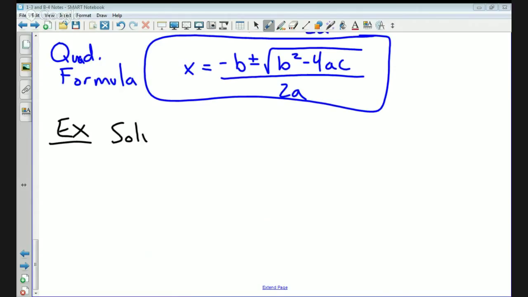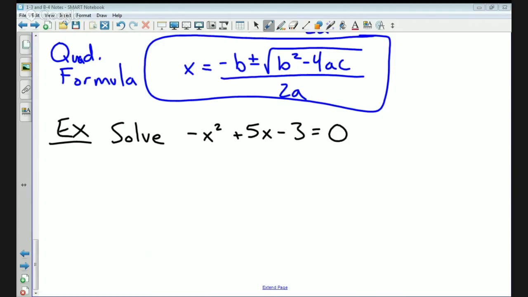So solve. Let's do negative x squared plus 5x minus 3 equals 0.